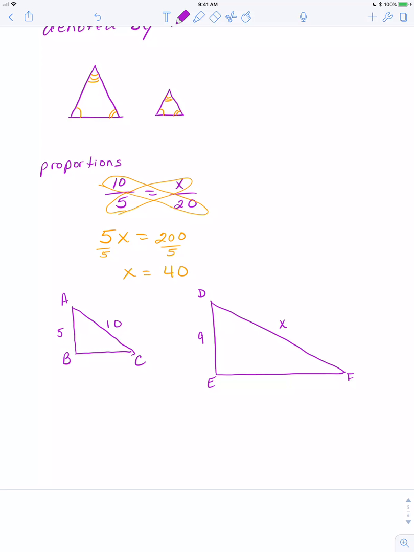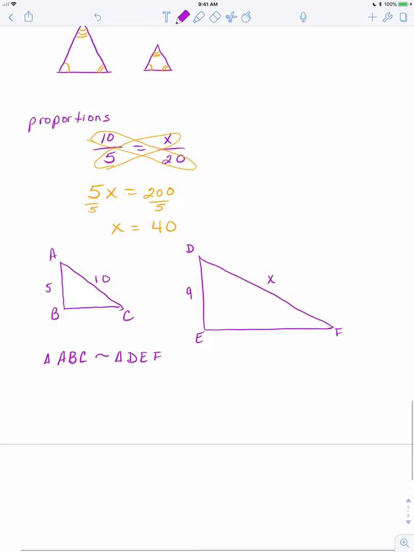You may be told that triangle ABC is similar to triangle DEF. Once you're told that, then you know that line segment AB has got to correspond to DE, so we can set up a proportion.